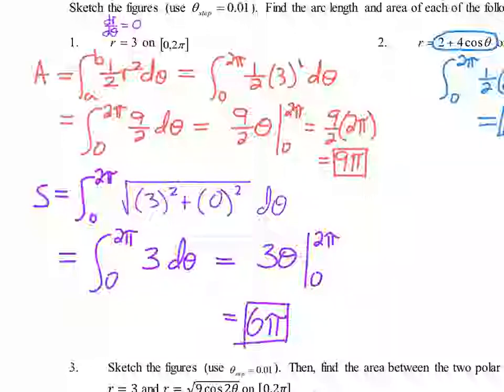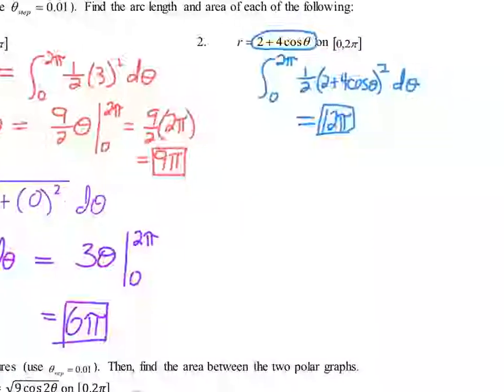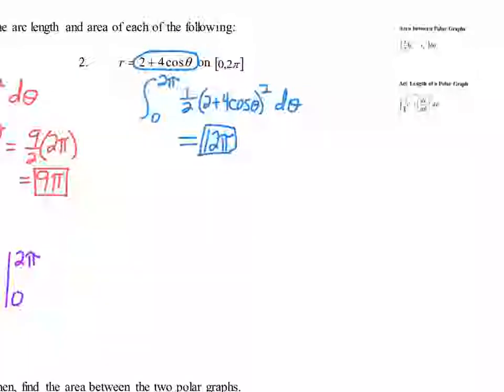All right, so very easy to verify. Now, the second one, a little bit of a different story. Here I'm actually going to show the steps to find the derivative, dr d theta. And I should note here that this is the area up here. So dr d theta would be, well, the 2 goes away, so 4 times negative sine of theta, so negative 4 sine theta.